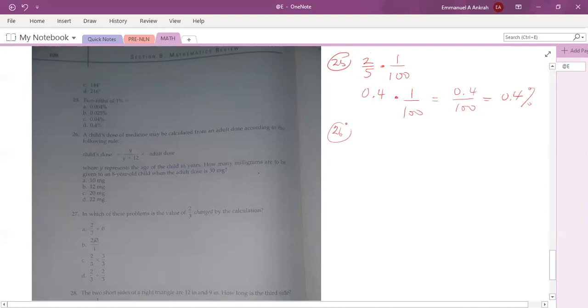Okay. Well, 26 should be a little bit more straightforward. What do you get for 26? You have a child dose is equal to y over y plus 12, then the adult dose. They gave you y is the age of the child.